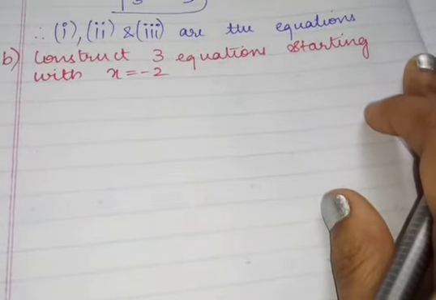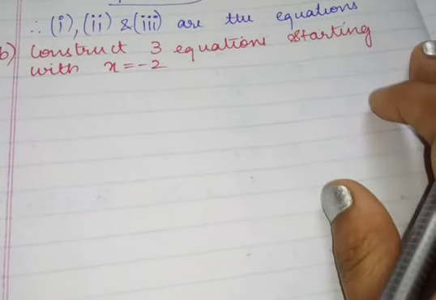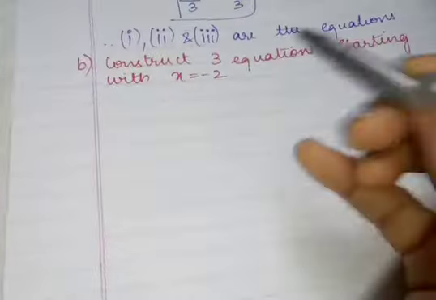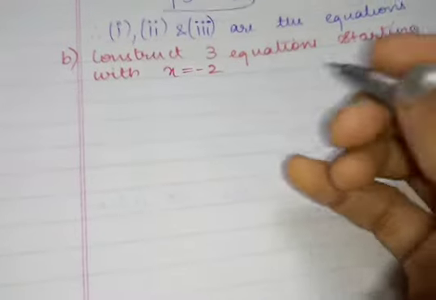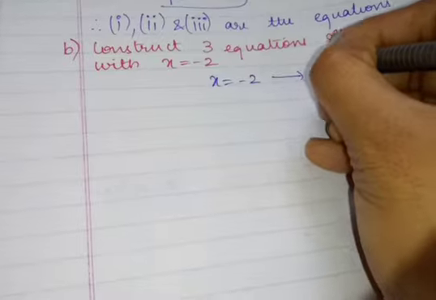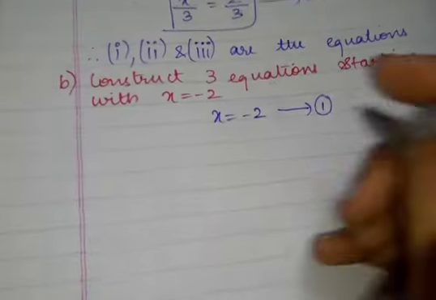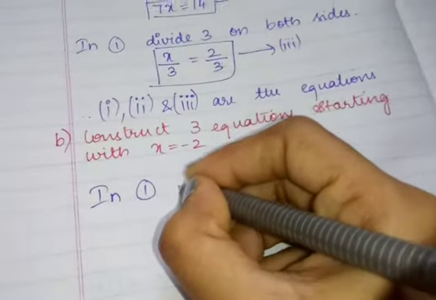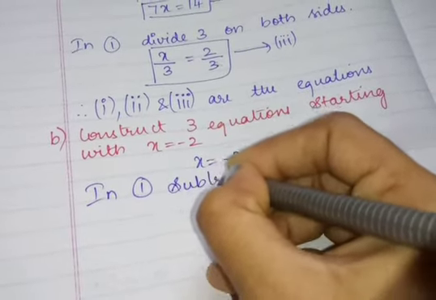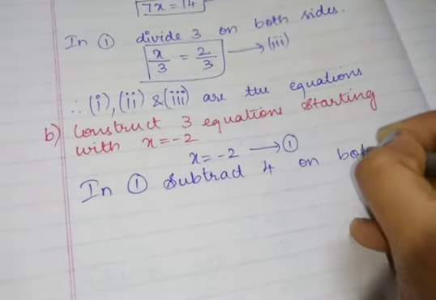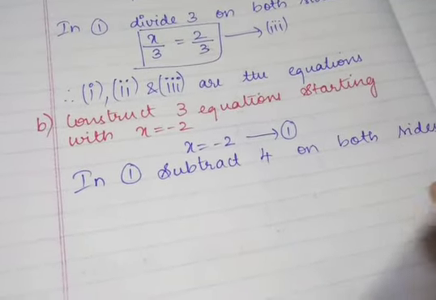Next is your B problem. Construct three equations starting with x is equal to minus 2. In the previous problem, x is equal to 2. Here we are going to frame the equations using x is equal to minus 2. We can take it as the first. In 1, we are going to subtract 4 on both the sides.